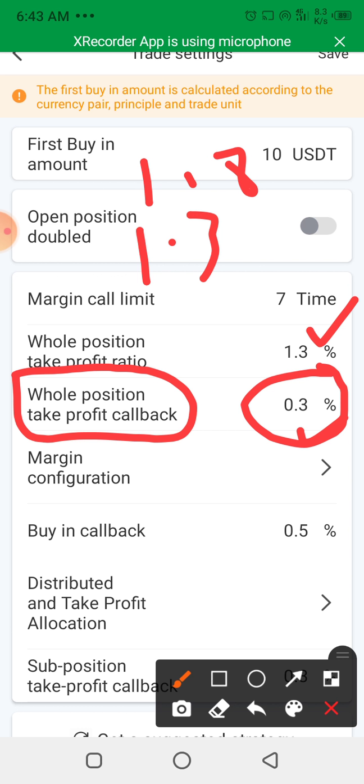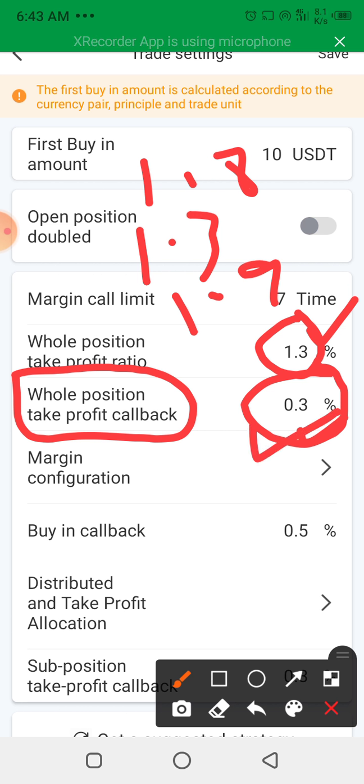It will not execute the trade exactly at 1.3, but it will wait to take the highest peak, assuming the coin continues to increase to 1.9. At this 1.9, if it drops 0.3 from this 1.9, then execute the trade. So this button allows the coin to get to its maximum, and when it is about to drop from that maximum, if it drops 0.3, execute the trade.